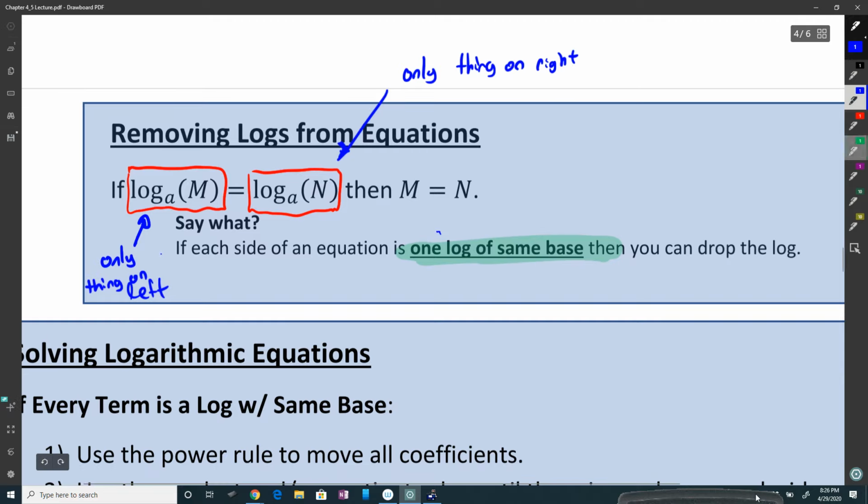Okay? If you were to put a 2 in front of it, it wouldn't work. If you were to divide it by 7, it wouldn't work. Okay? It's a very specific kind of setup where all you have is one log equals one log. If that's true, then you can take the logs out of the equation. You can cancel them out. And all you're left with is the inside equals the inside. So that's the goal here.